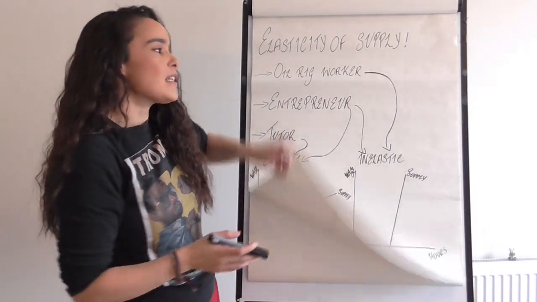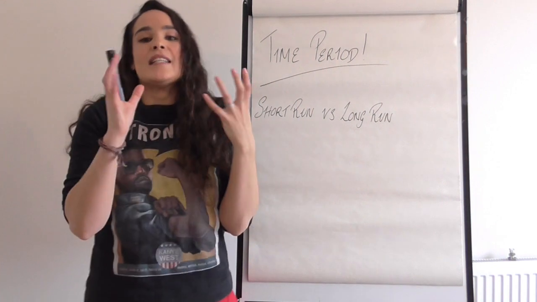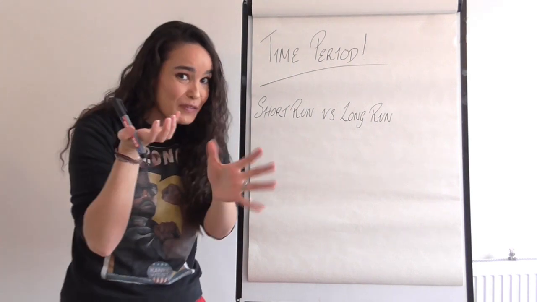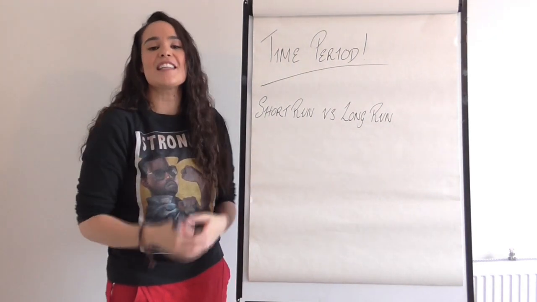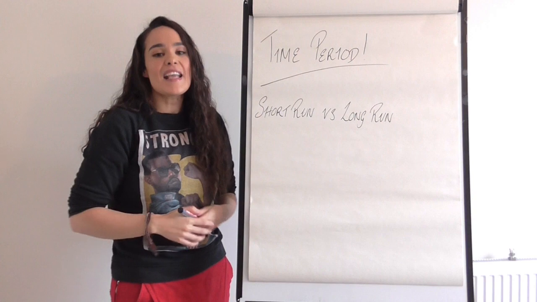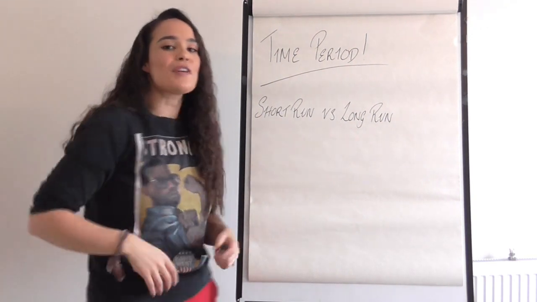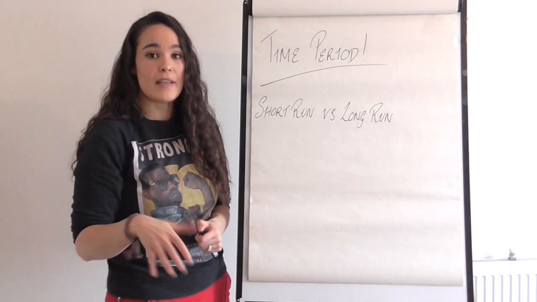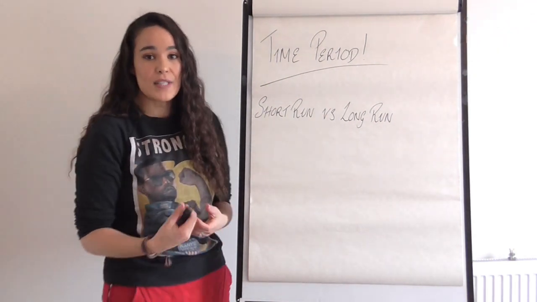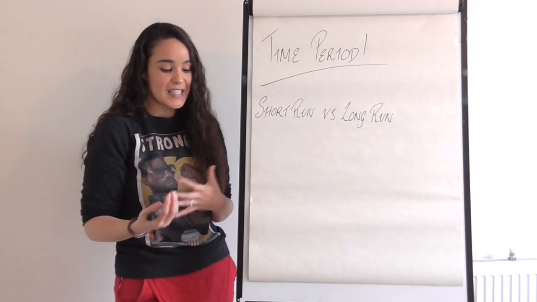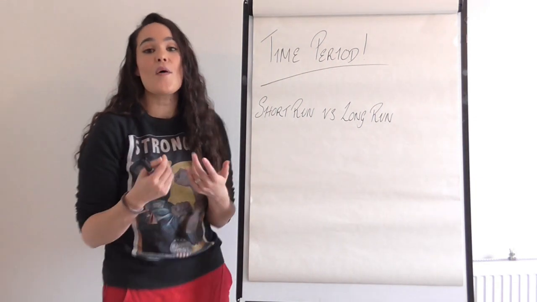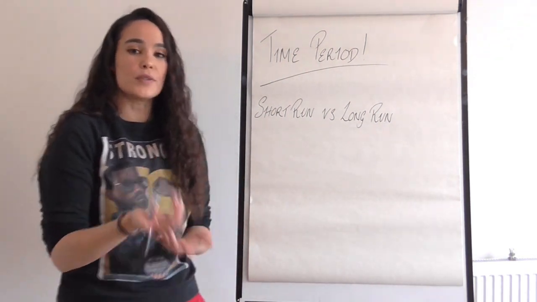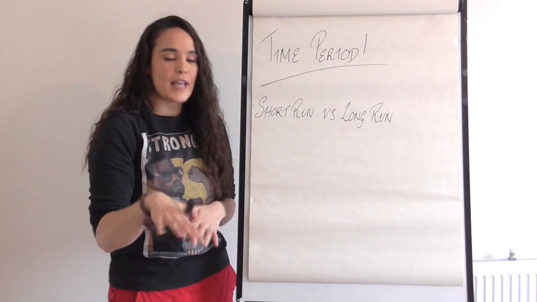So I want us to think about time period as well. Now this is really interesting. And I hope that we haven't forgotten what the labour market is. It is a factor of production, and therefore if we think all the way back to last year in macroeconomics, what do we learn about factors of production and their elasticity in the long run? For an economy to be in the long run, at least in the classical model, all of your output has to be variable, right?